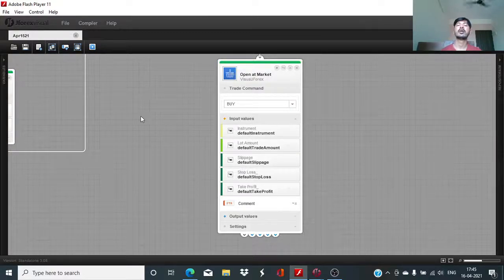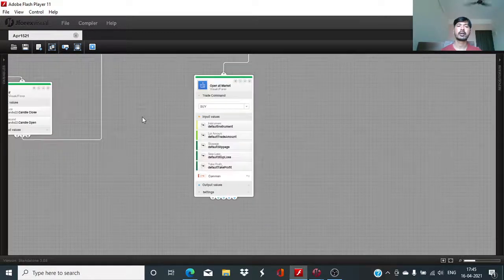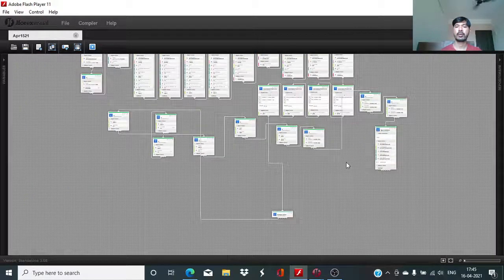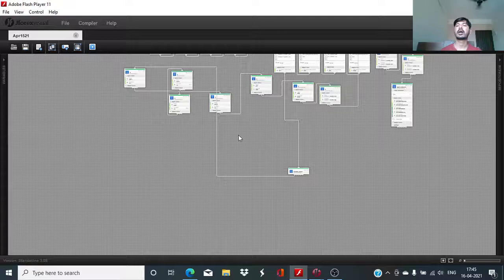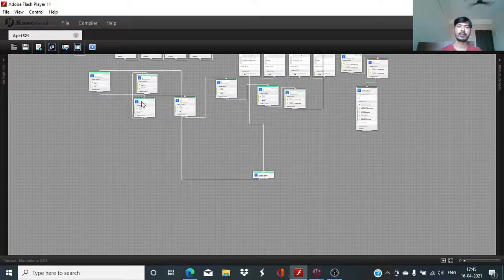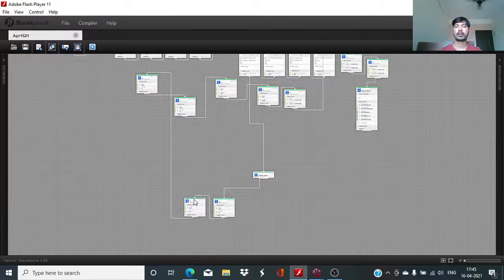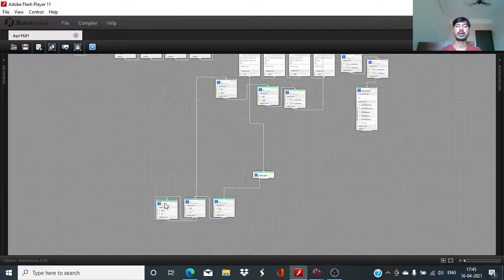So all these factors, all these parameters need to be well defined, and for that we will be going back to the chart and see what are the appropriate values which are likely to bring in good amount of profit in case we happen to be right, while minimizing the losses in case our anticipation proves wrong.